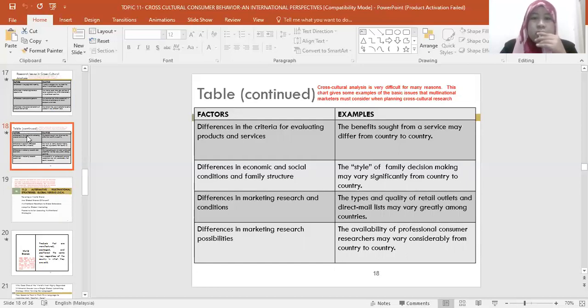The next one, we're talking about the benefits sought from a service, which differ from country to country. Maybe I should take an example like this.